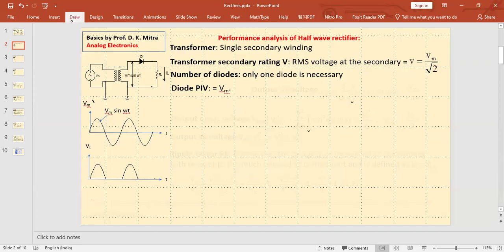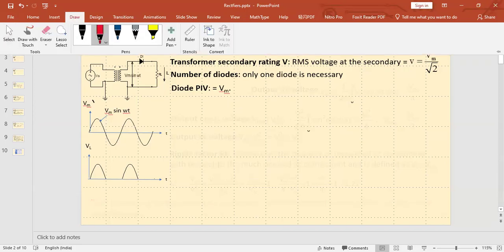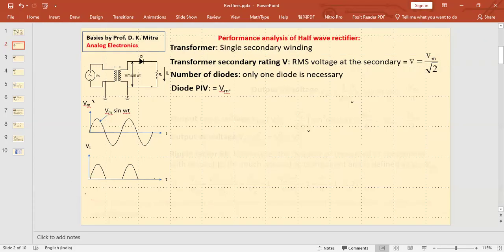Let us look into this diagram here. When a positive half cycle is applied at the secondary, the positive voltage goes maximum to Vm. So at this end it is Vm, and the other end is connected to common, right?